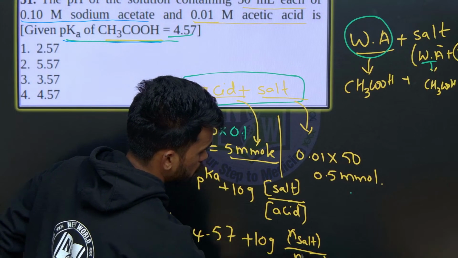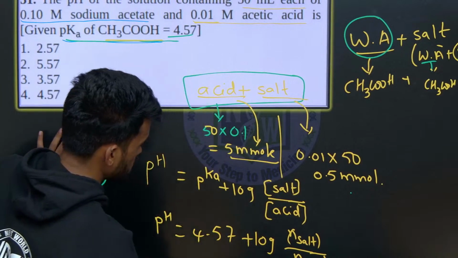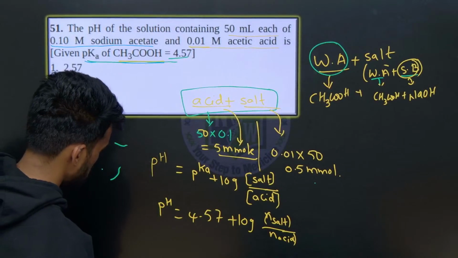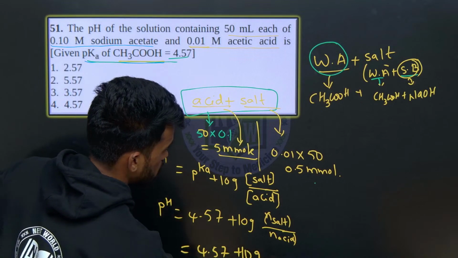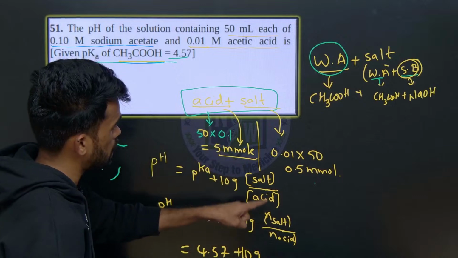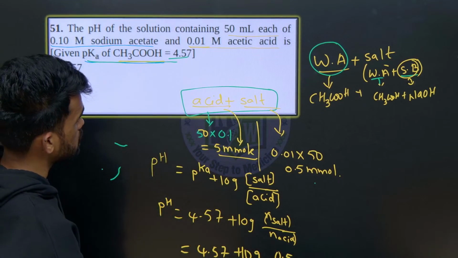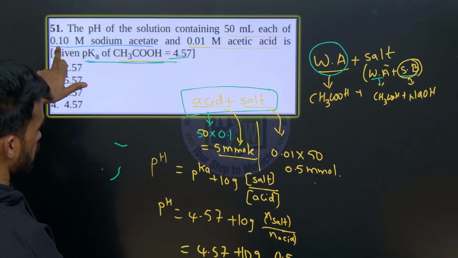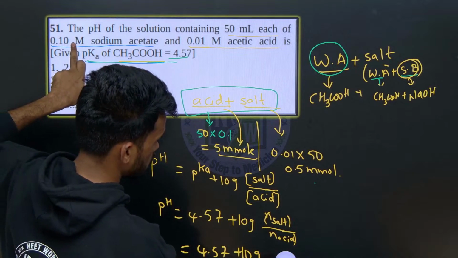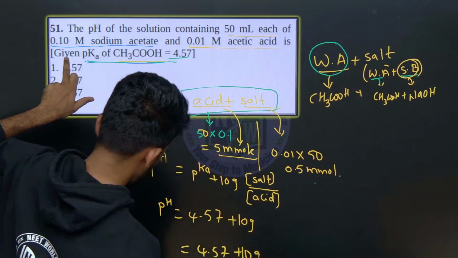So what is the final answer we are getting? 4.57 plus log, what is the number of moles of salt they have given? Salt is given as 0.1 molar. See here, how much salt they have given?